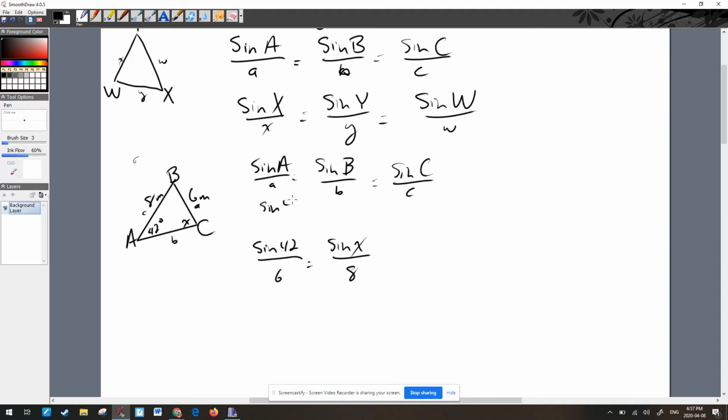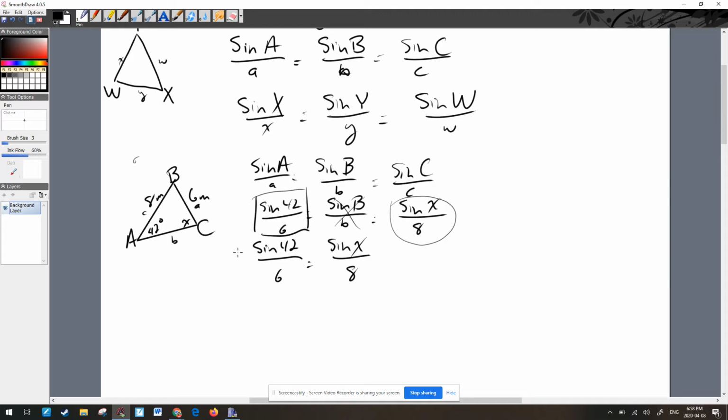So there's sine 42 over 6 equals, there's nothing there for the other one, so sine B over little b equals the sine of X over 8. And we're always looking for a complete ratio. There is our complete ratio and a half complete ratio. This one isn't half complete, it has nothing, so I can't use that one. And so here is my half complete. So I would then write them side by side, which is what I've got right here.